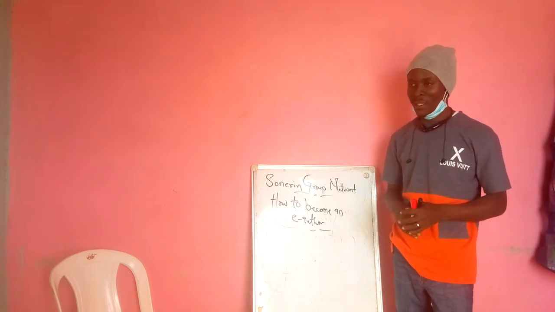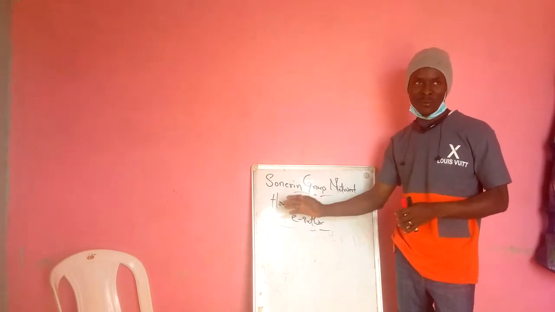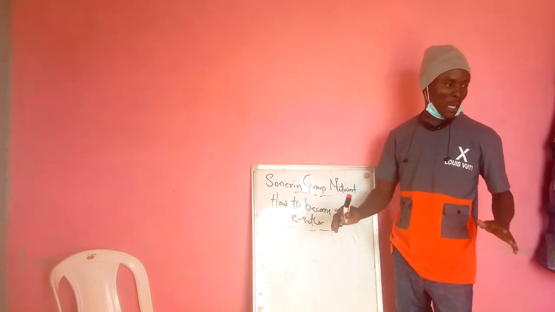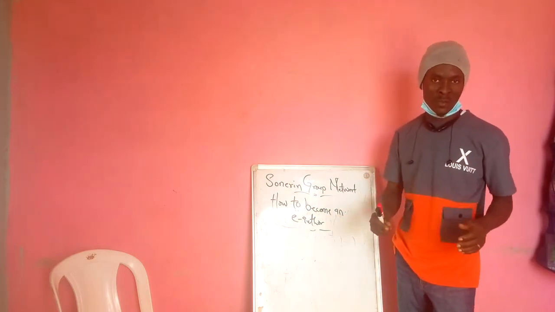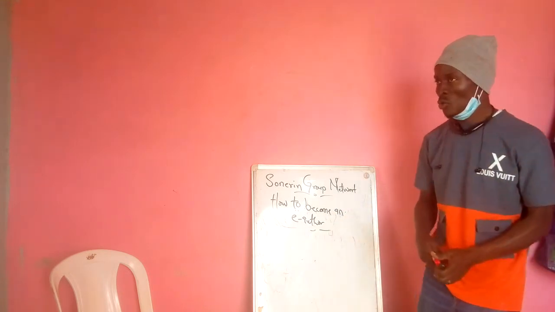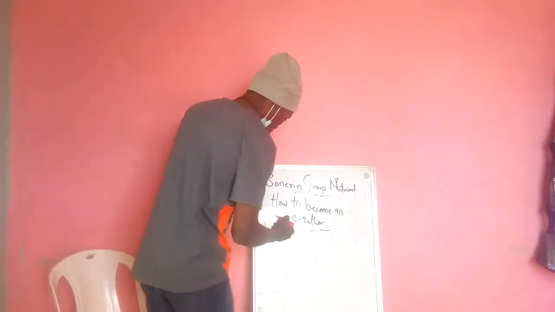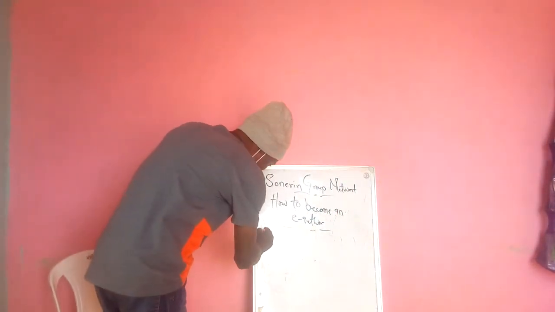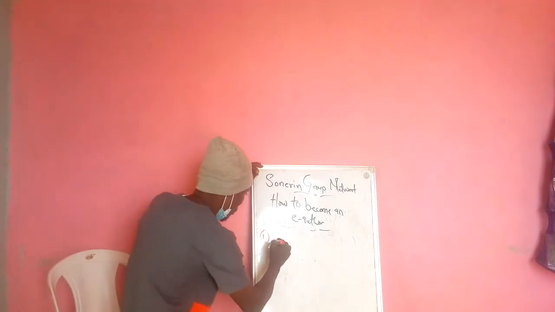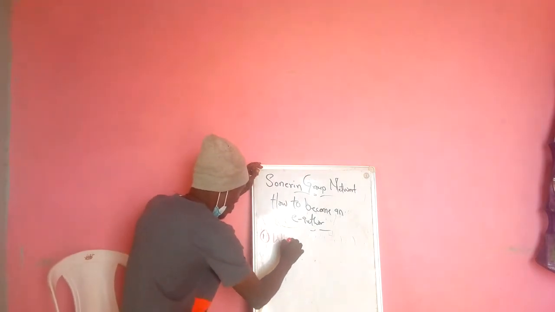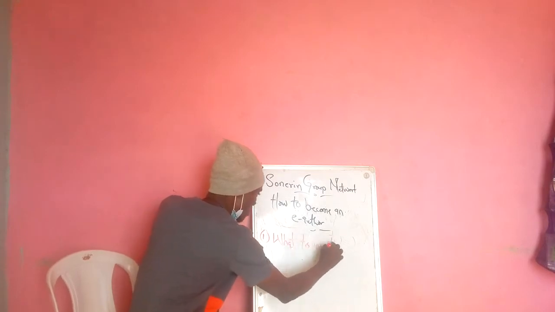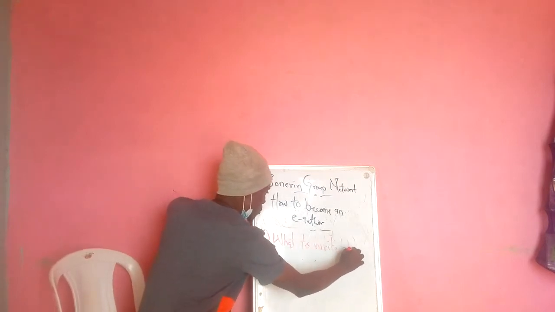We want to quickly glance through what it takes to become an author. So the first thing you need to know when you are trying to talk about writing an ebook, number one, you need to know what to write about.